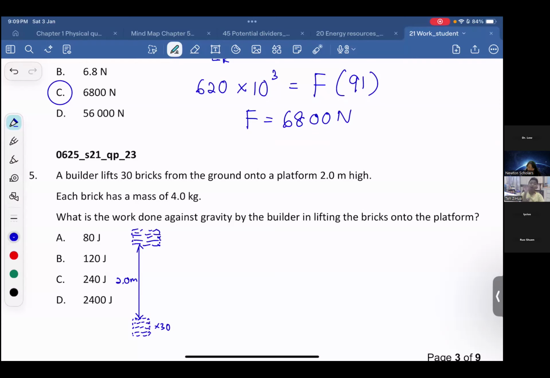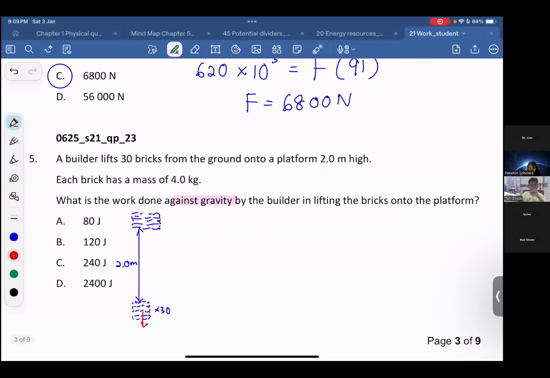Next, each brick has mass 4.0 kg. What is the work done against gravity? Against gravity, where is your gravity? Gravity is pointing downward. So if you want to work against the gravity, that means this one moves up. Work done against gravity by the builder in lifting the brick onto the platform.